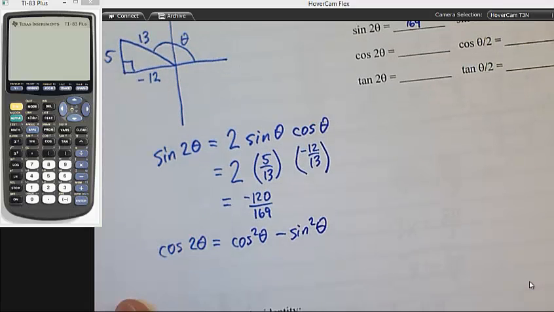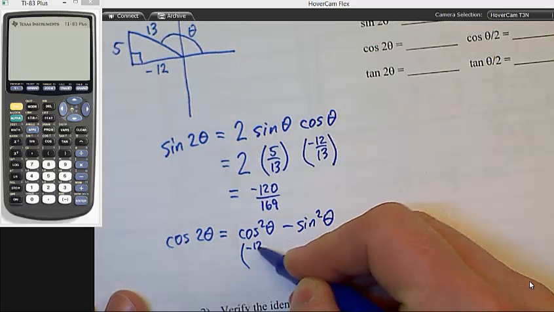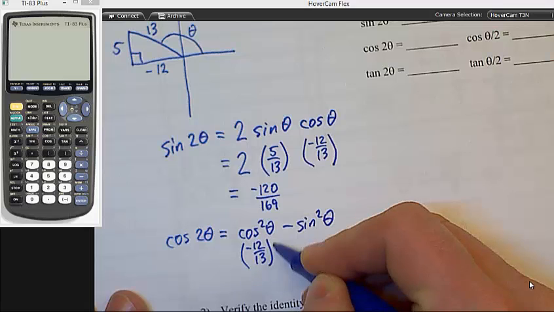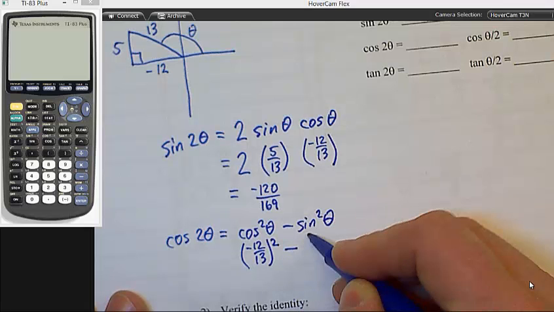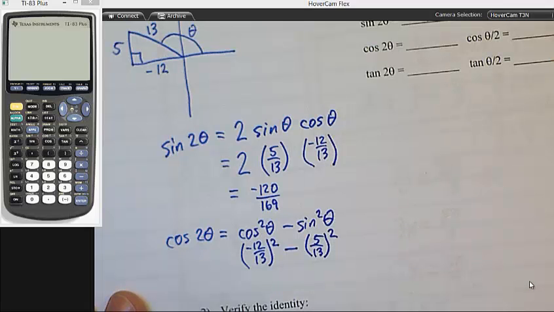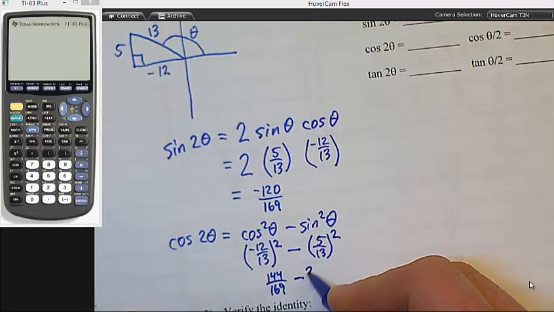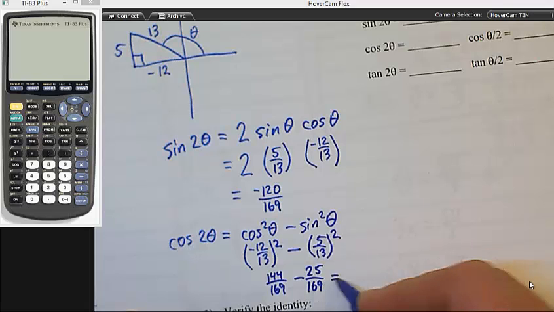So this is how I did it, and I put negative 12 thirteenths squared minus 5 thirteenths squared. And so let's see, I got 144 over 169 minus 25 over 169. So I know it's something over 169.